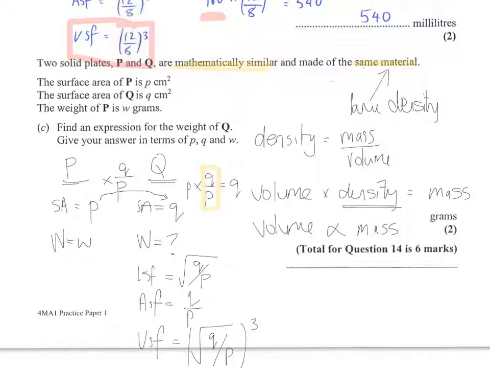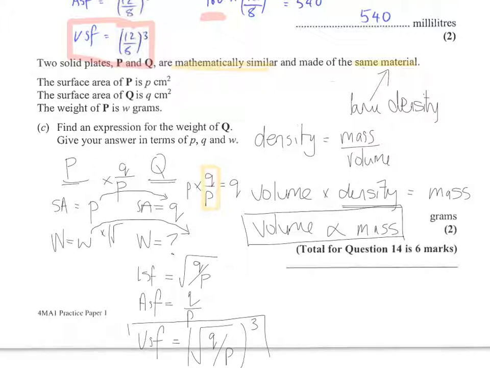Now we come back to the equation we came to at the beginning. I know my volume is proportional to my mass. If I want to work out mass, then I can just use my volume scale factor as they are proportional to one another. So my mass or weight in this case, let's go from W to the weight of Q, is to times by the volume scale factor.